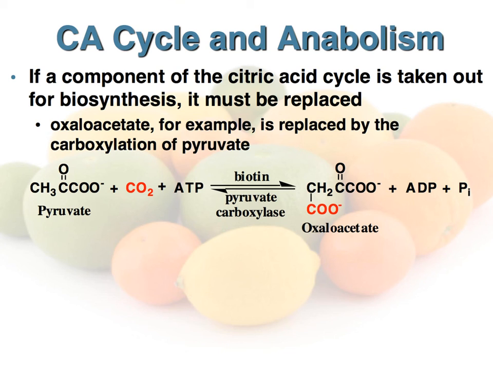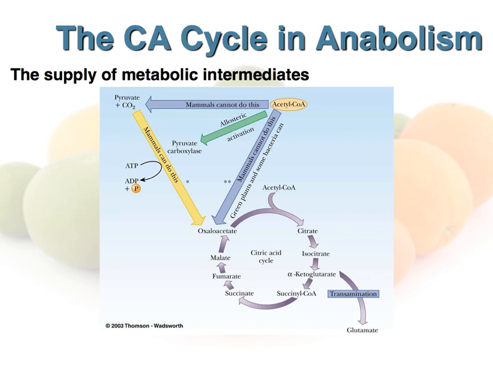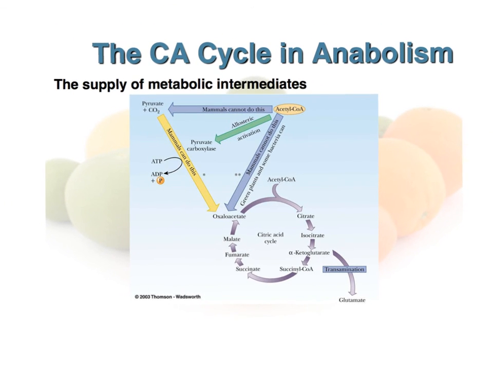Okay. So that was another example for anabolism. Remember, catabolism is breaking down, anabolism is building it up. This one is a little cartoony way of showing that same thing. Please note, this isn't my favorite one because it shows you things that we can't do.